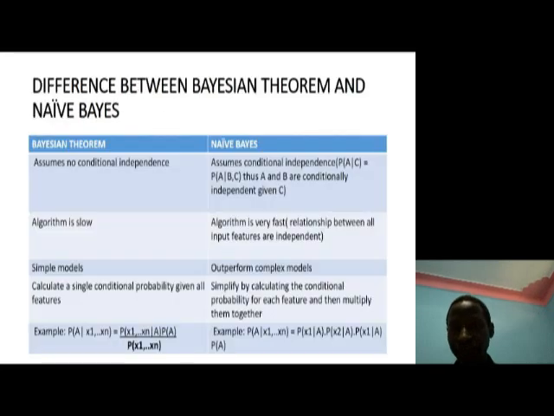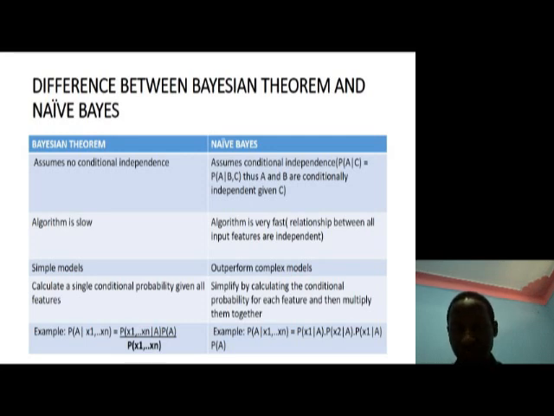What is the difference between Bayes' theorem and naive Bayes? Bayes' theorem assumes no conditional independence, and the other one assumes conditional independence, as we see that A and B are conditionally independent given C. When we come to the algorithm, Bayes' theorem is slow, but the other one is fast.